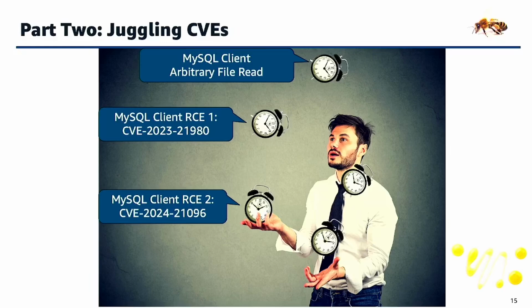We have been looking at 3 CVEs. The first one is MySQL client arbitrary file read. That has been known for a long time as a very old attack. The second one is client remote code execution.